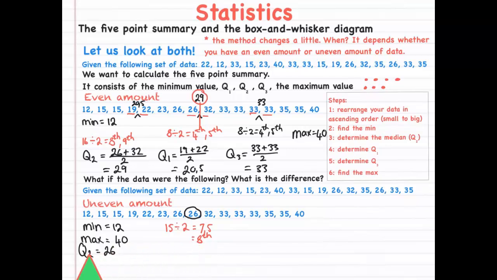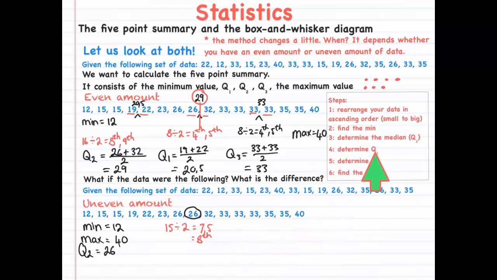Please don't write Q2 is 8. It will be the 8th number in our data set. Then we just count 1, 2, 3, 4, 5, 6, 7, 8. There we go, and it will be 26. And you can see it's right in the middle: 7 numbers to the end, 7 numbers to the front. Okay, brilliant.